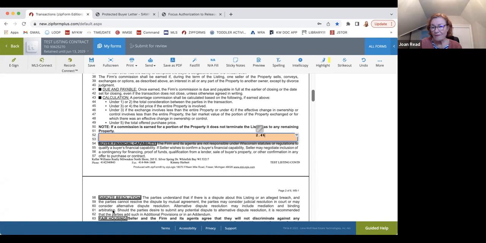Well, this is the conversation with the seller saying you have the ability to offer 2 to 3%. But then in MLS, you're going to tell the other brokers what you're going to pay them. So maybe you're going to pay them 3, or maybe you're only going to pay them 2. But with the seller, you've agreed that you have this range of 2 to 3 to offer. Okay.